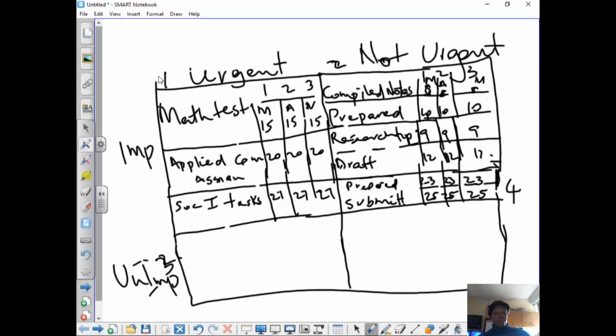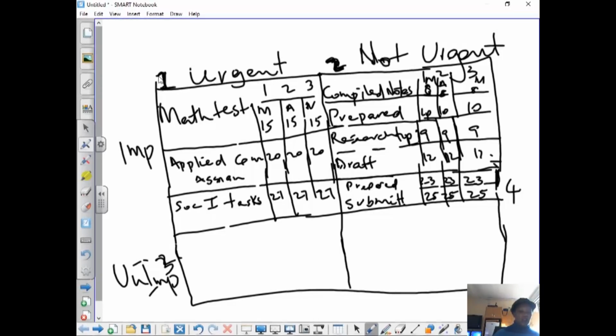I hope this now makes sense. So again, quadrant number 2 enhances your success in quadrant number 1. Quadrant number 2 comes before quadrant number 1 because it is your planning to succeed in quadrant number 1.